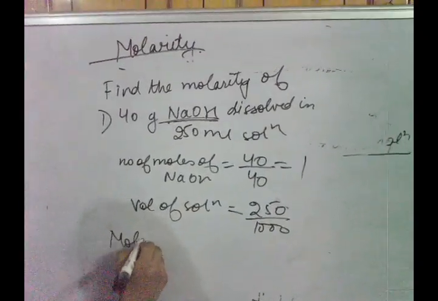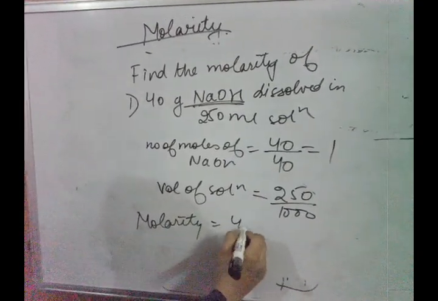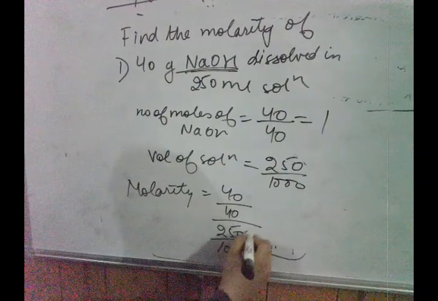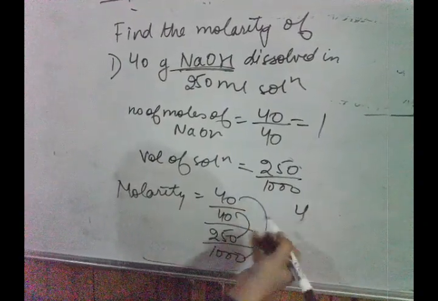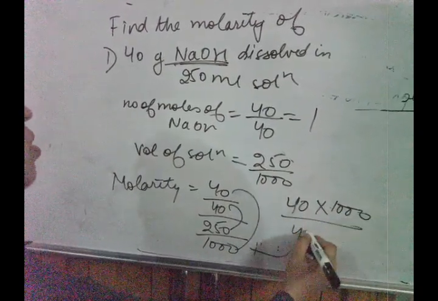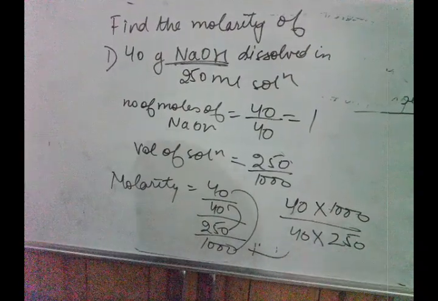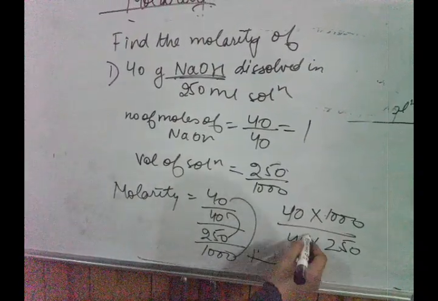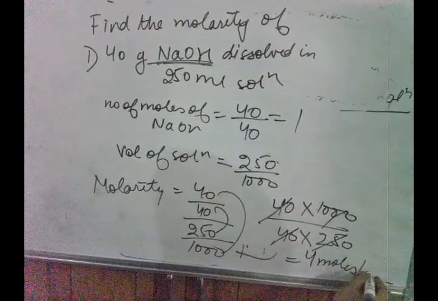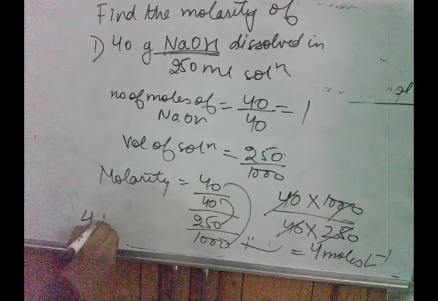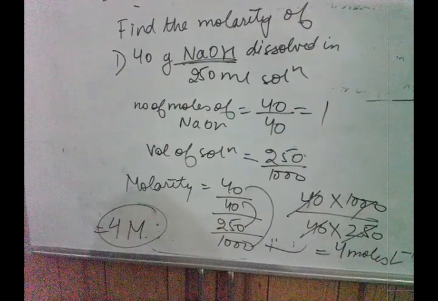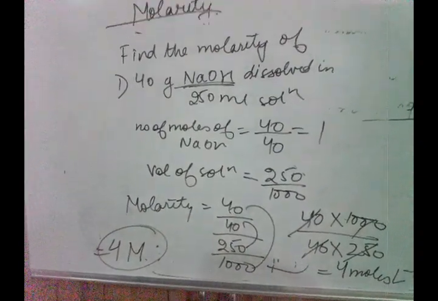So molarity, if we calculate it, comes out to be 4 moles per liter, or we can simply write it as 4 molar or 4 capital M. So this was an example of molarity.